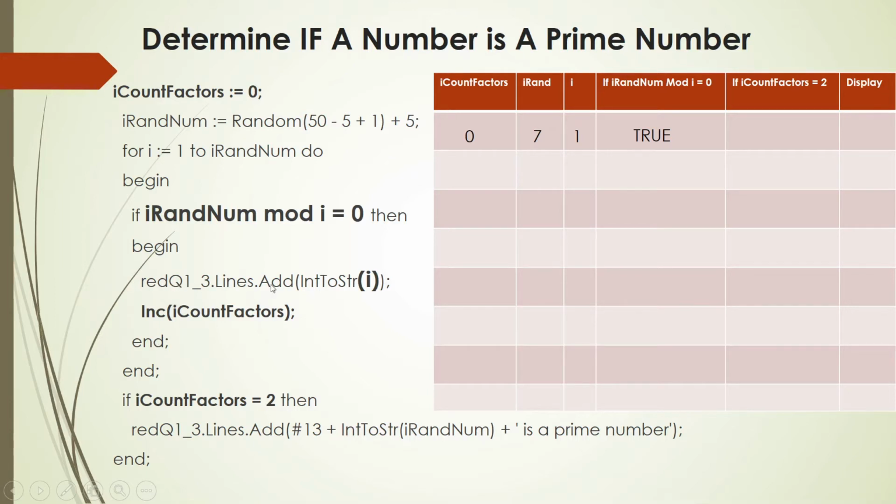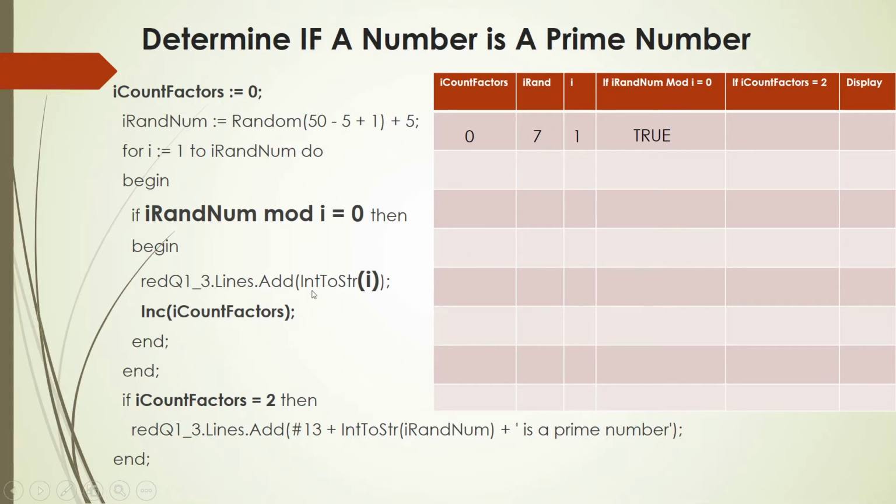The first statement is displaying the value of I, and the value of I at the moment is 1. So I am saying if the number generated, which is 7 mod 1 equals 0, if the remainder is 0, it means that I is a factor of the number. So it just means that 1 is a factor of 7.